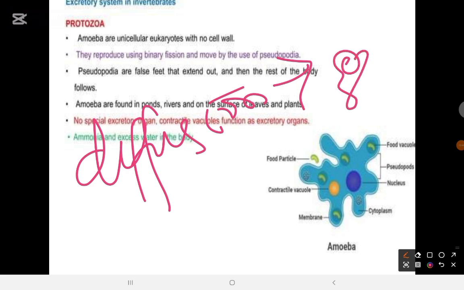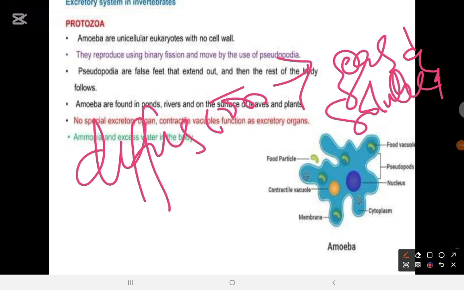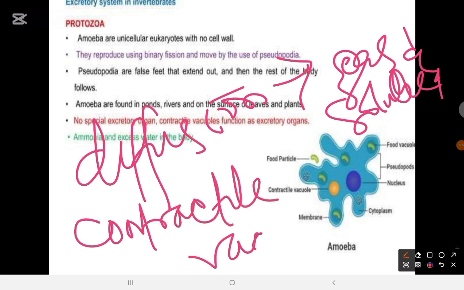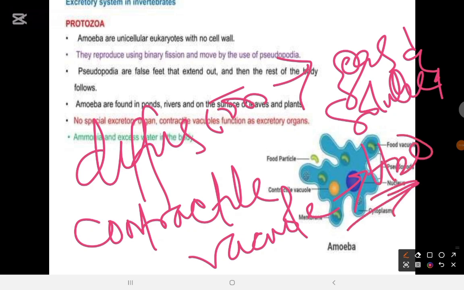Is that okay? And the contractile vacuole takes care of excess water, and of course some waste, because some of the waste are going to go out with the water that it is pushing out of the body.